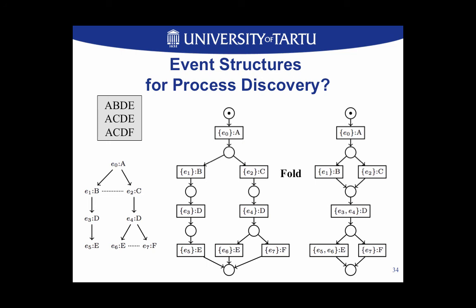We can see here that it generalizes in the sense that now I can produce, what can I produce that I couldn't before? A, B, C, A, B, D, followed by F, which was not in the log. So I'm generalizing and creating something that is not in the log. What's beautiful is that the same operation can generalize cycles. Because in an event structure, when it's unfolded, which is the case of an event structure that you extract from a log, you will have AB, AB.